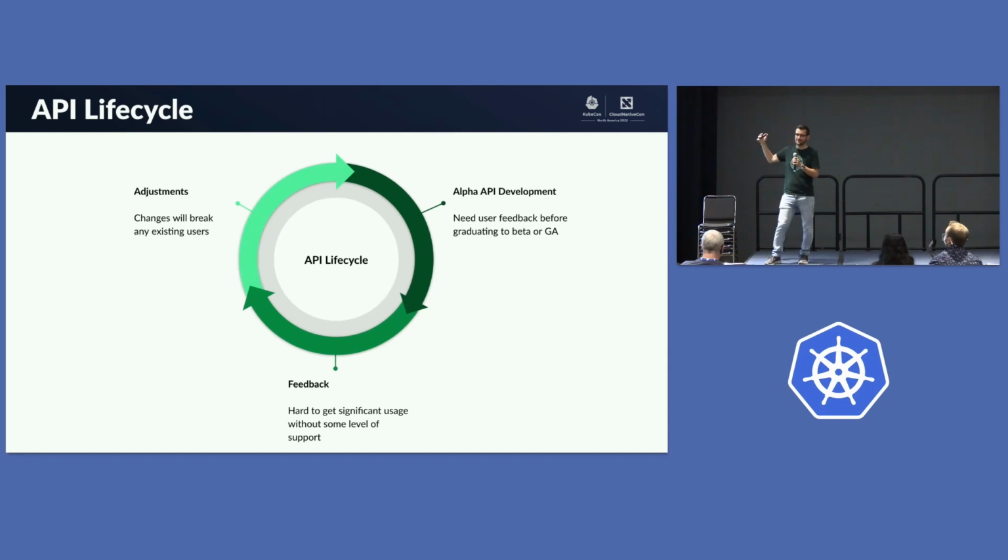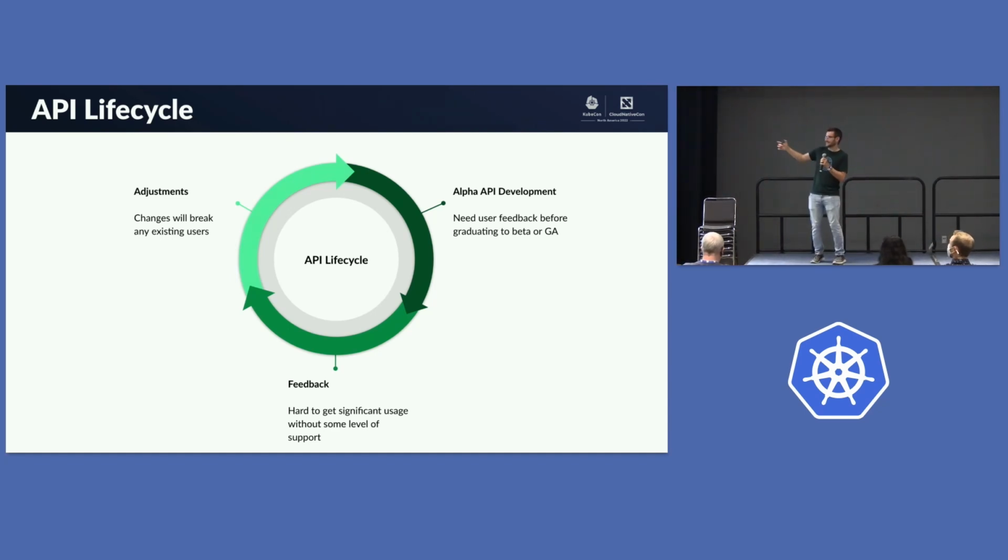You build out an alpha API, you think, okay, this is for sure what we want, but let's get some feedback. And to get feedback, you need to have something that actually implements that API. And when you have something that implements that API, or some things that implement that API, they're increasingly not wanting to change because they already have something that implements the API you started with.